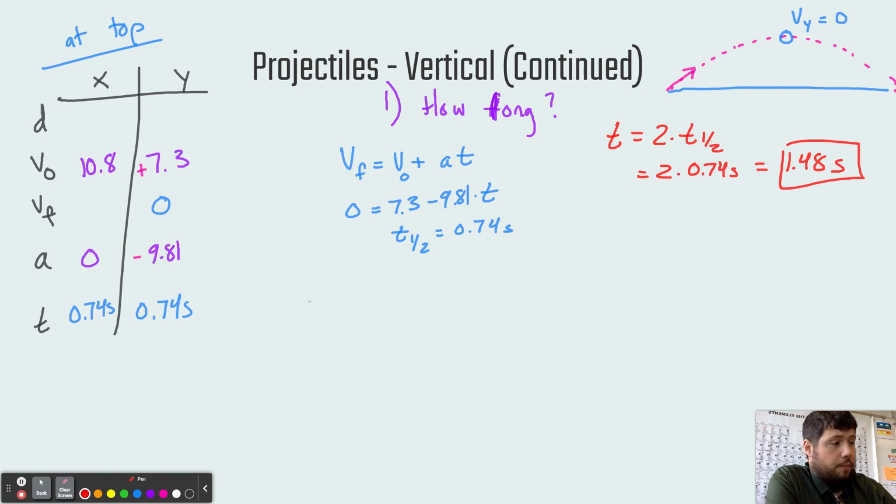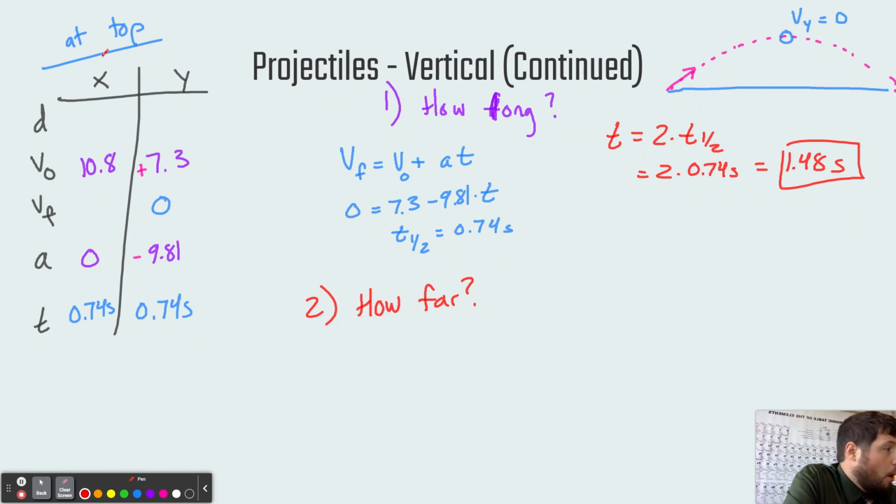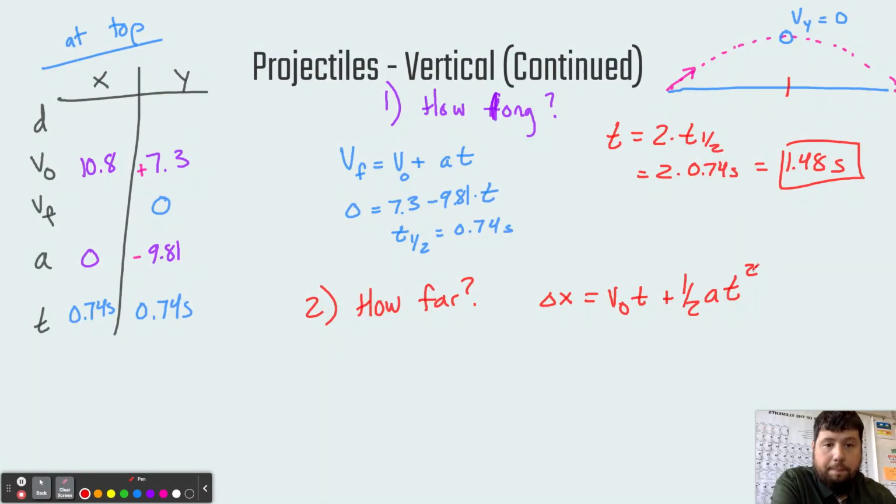Something else they could ask you is, how far does it go? Now, there's a couple ways that you could solve this. You could either say, okay, let's figure out the distance to the top, and you would use the 0.74 seconds, or I know the total time, so I could just use the total time for this. I know that my change in position is going to be equal to the initial velocity times the time, plus 1/2 times the acceleration times the time squared, and I could figure out how far it's going to go.